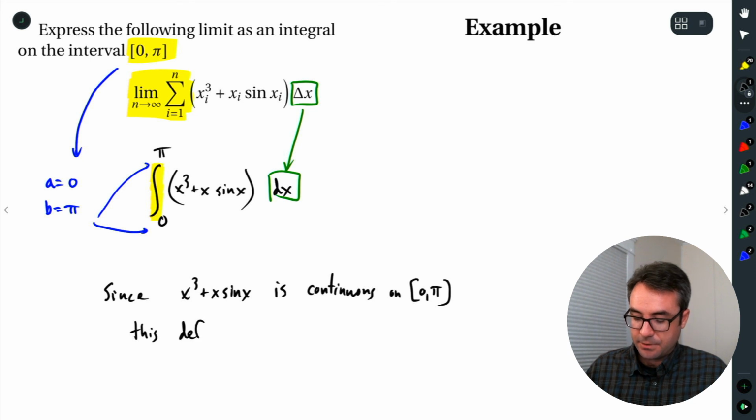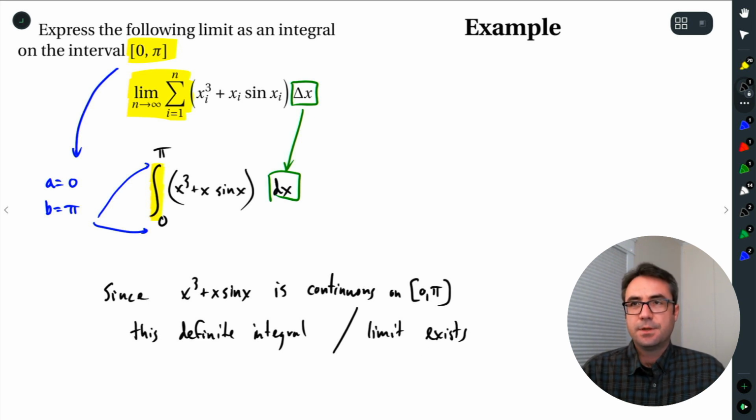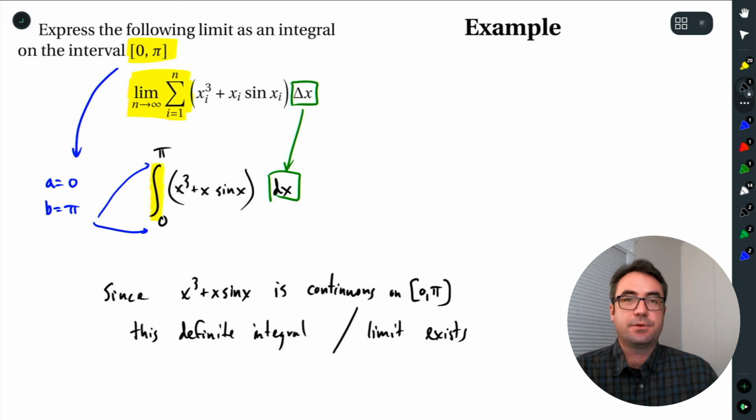So this definite integral exists. That was all for this example. We're just rewriting this limit notation using definite integral notation. Just a little practice there.